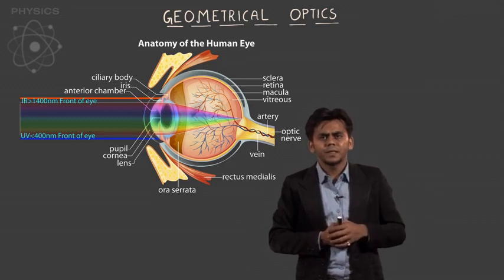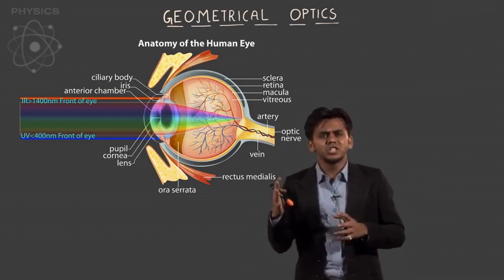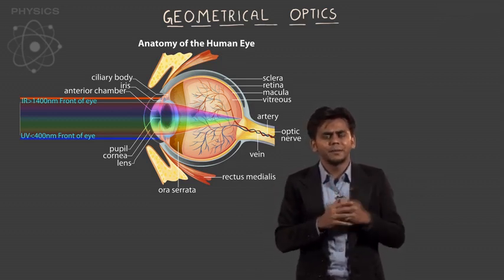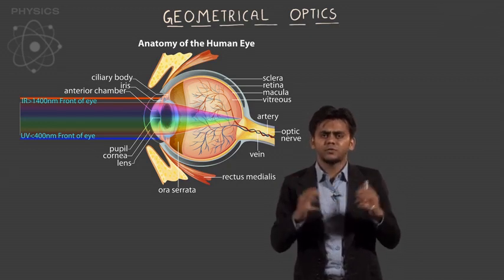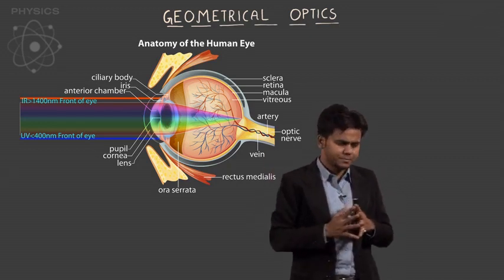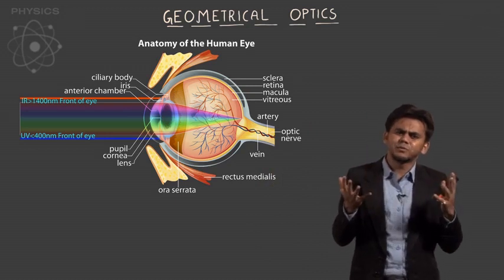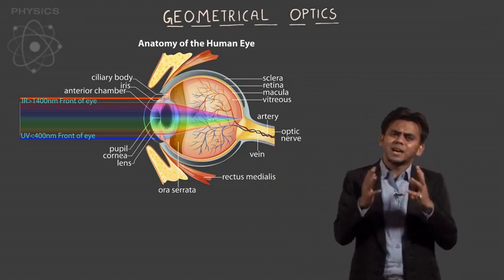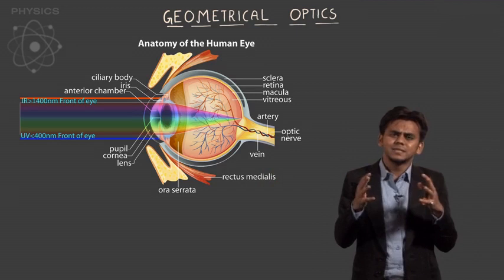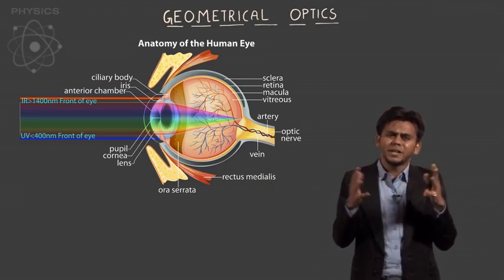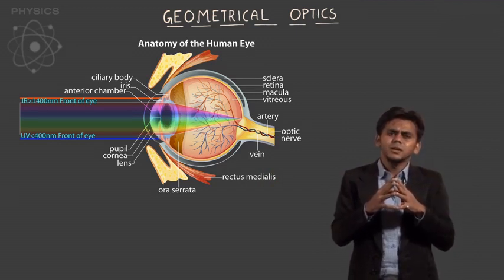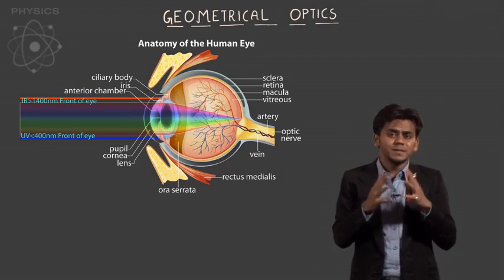When images are to be formed on the retina from an object kept at infinity, parallel rays would enter, and when parallel rays enter a converging lens, they have to meet at a point, and that point is your focus.